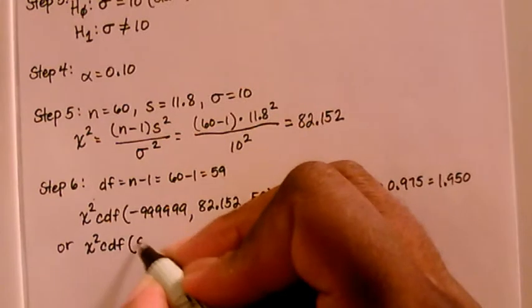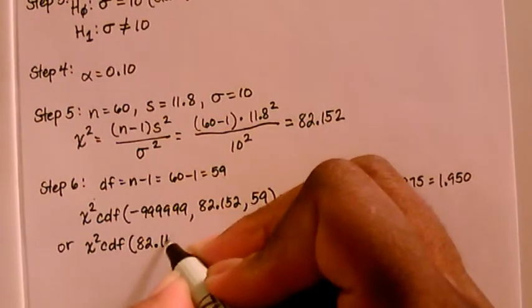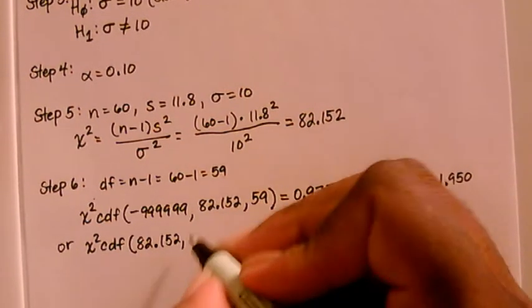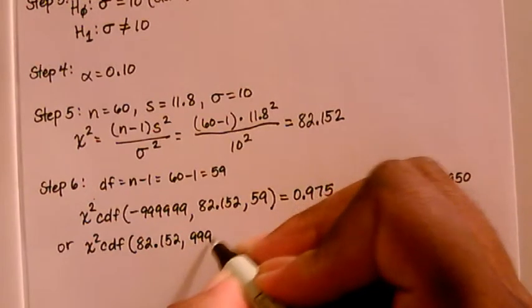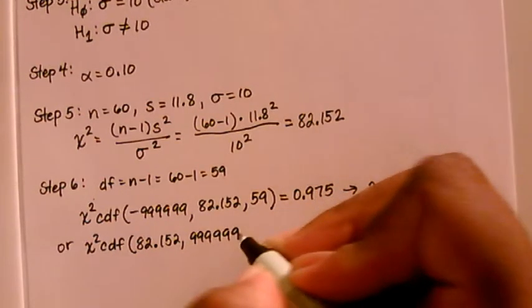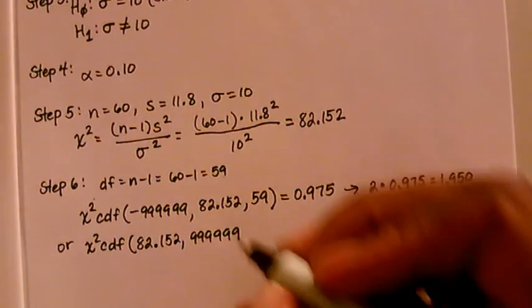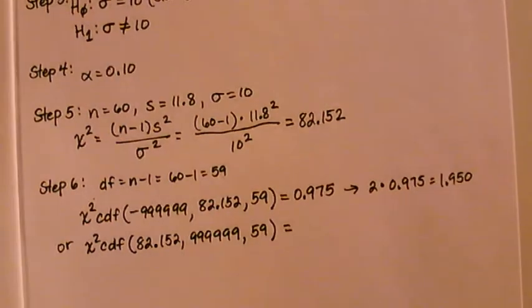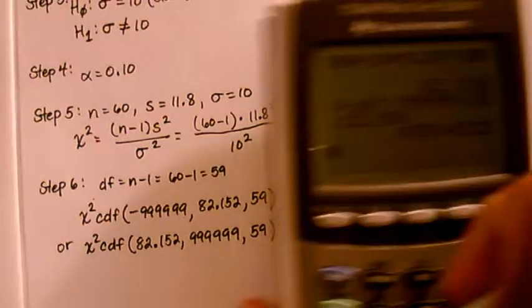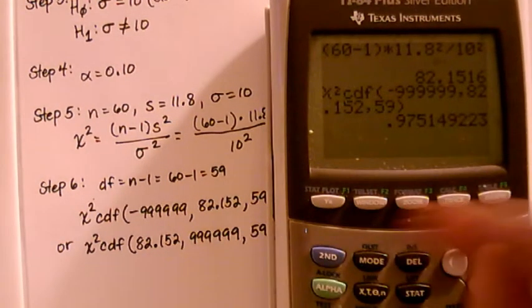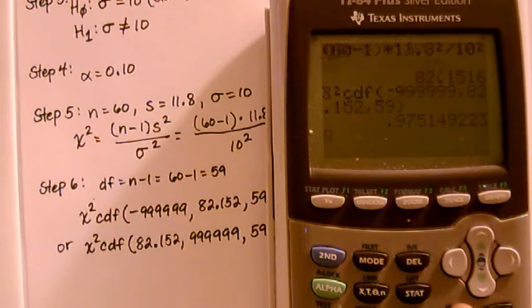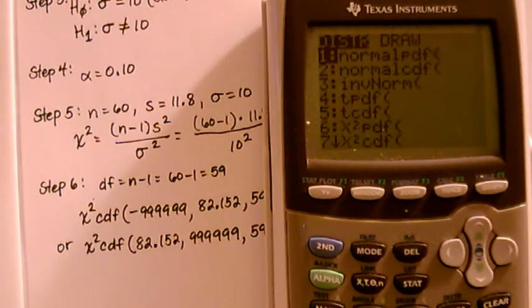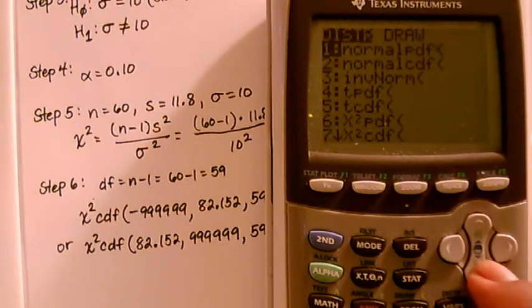This time put the test statistic first, 82.152, comma, but this time your upper bound is 999,999, and then your degrees of freedom is 59. Again, using the calculator, we press second and vars, and then hit the down arrow key to find chi-square CDF.